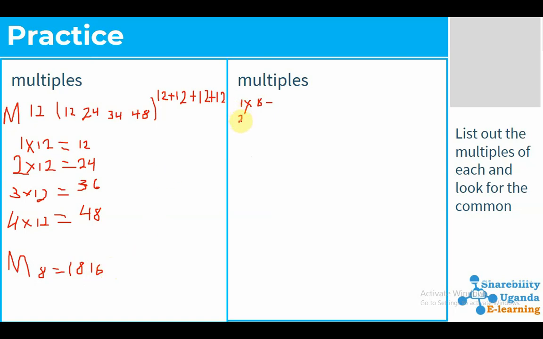Here we are saying 2 times 8, we get 16. Then we say 3 times 8. When it comes to these big numbers, we use our concept of multiplication as a repeated addition.